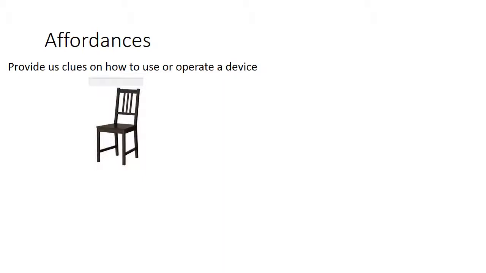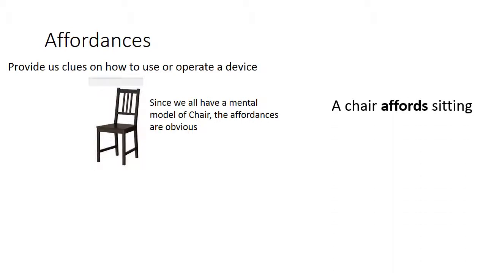I mean, you buy a chair, you don't have to be trained how to use it. Why is that? The reason is that we have a mental model of a chair, and we know how a chair works, and we know what the affordances of a chair are. What we would say in the design world is chairs afford sitting. A chair affords sitting. Sitting is an affordance of a chair.